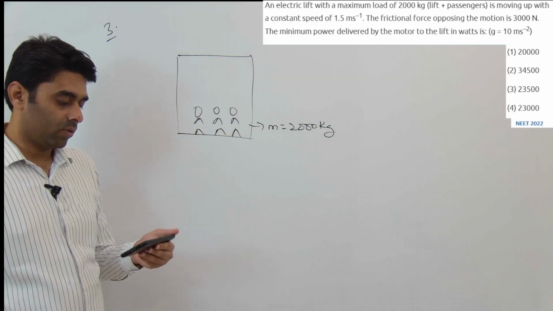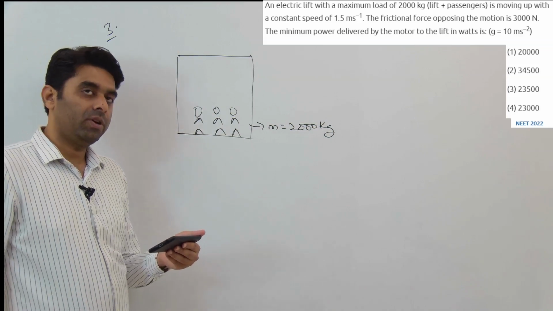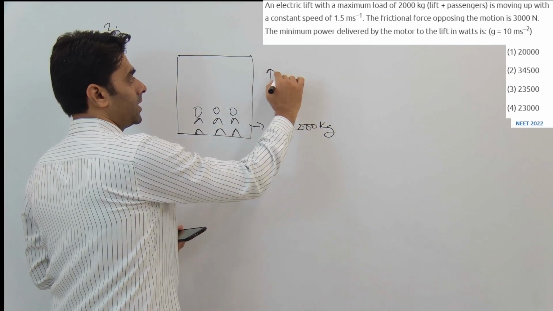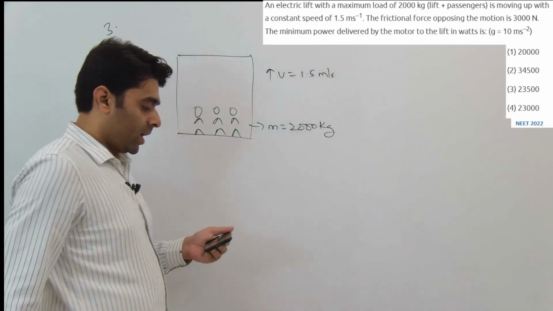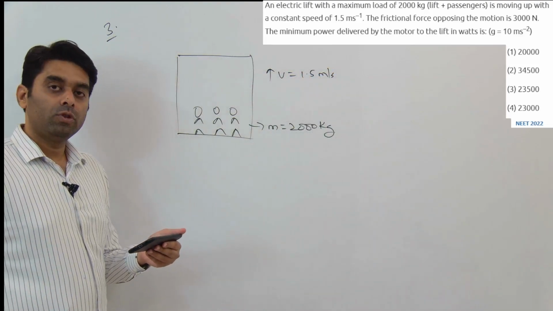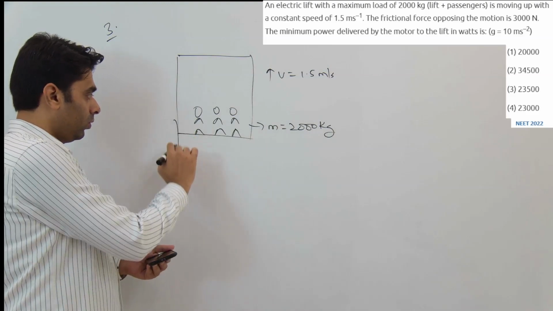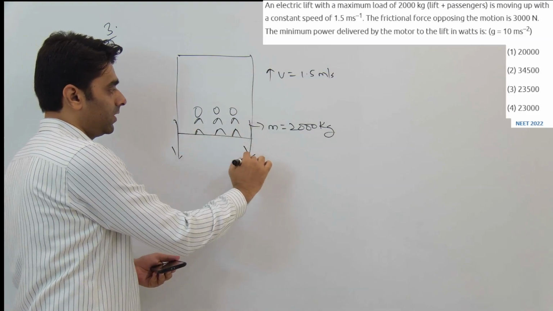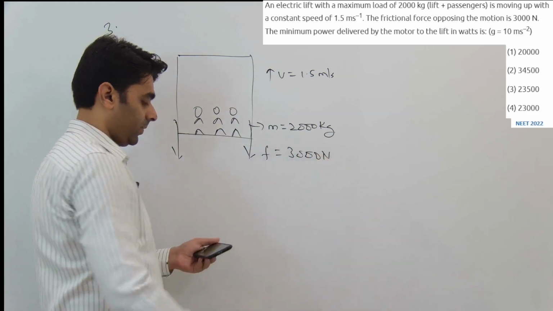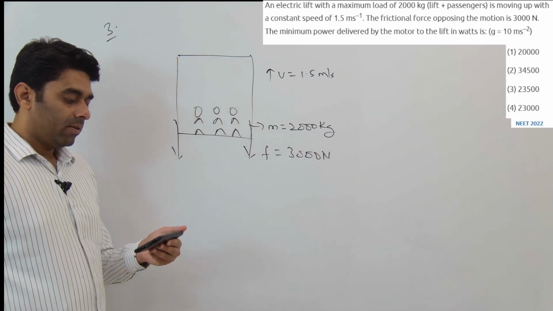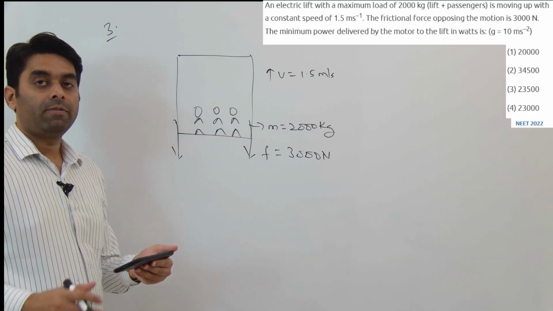It is moving up with a constant speed of 1.5 meter per second. The frictional force opposing the motion is 3000 Newton. So during its motion, some frictional force is acting, which is given as 3000 Newton. Next, the minimum power delivered by the motor to the lift in watt is.